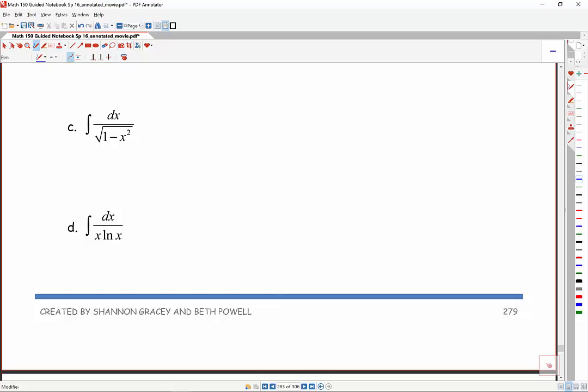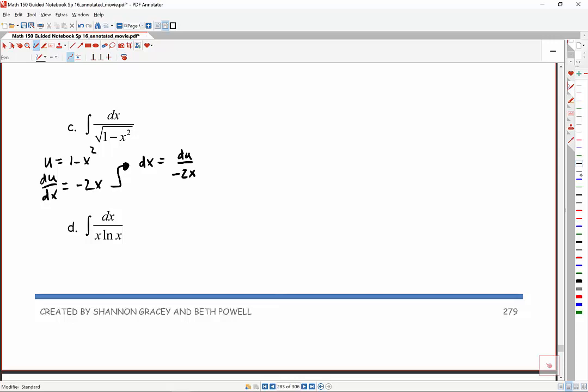If I tried a u sub, what would happen? I'd say u is 1 minus x squared, right? du dx is negative 2x. And then isolating dx, I would end up with du over negative 2x, right? And let's see what happens.